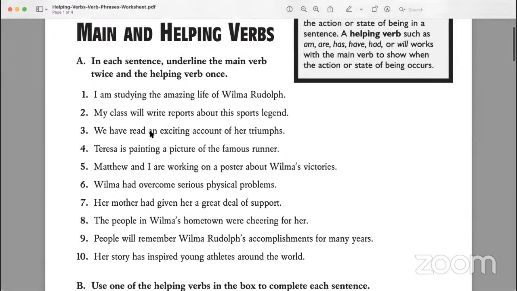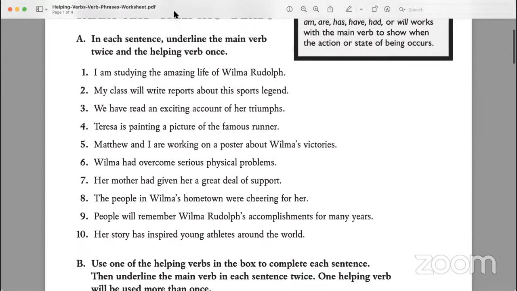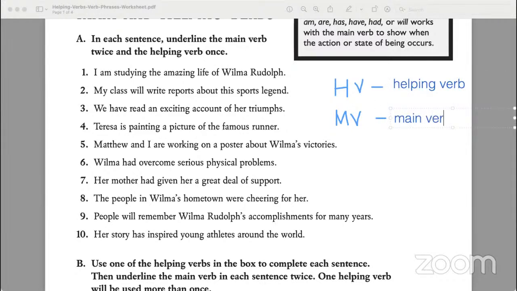What you can do instead is underline and write down HV, short for helping verb, and MV, short for main verb. Let's do the first one, and then I'll let you guys do some on your own.